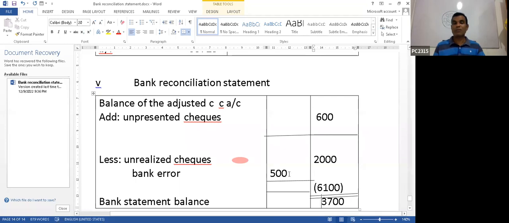So here you can take it as unrealized checks, that is 2,000, and then here bank error 2,000.